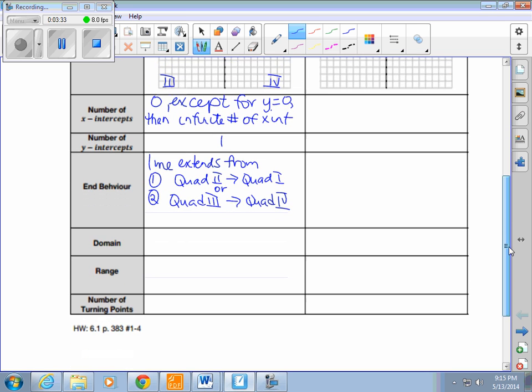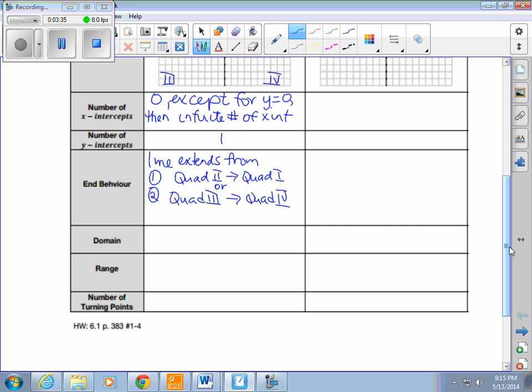Our domain for this one can be any x value. So its domain is the set of values for x such that x is an element of real numbers. So we can use whole numbers, we can use fractions, decimals, negatives, anything. The range then, it's a set of values for y, and y then is just equal to whatever the constant was.